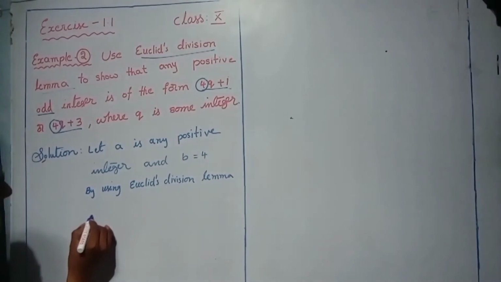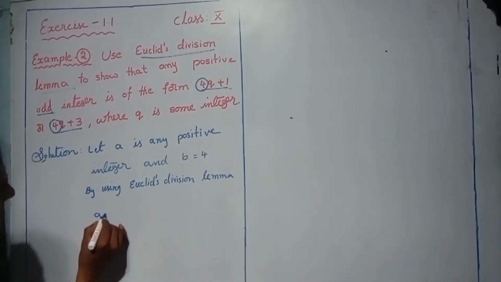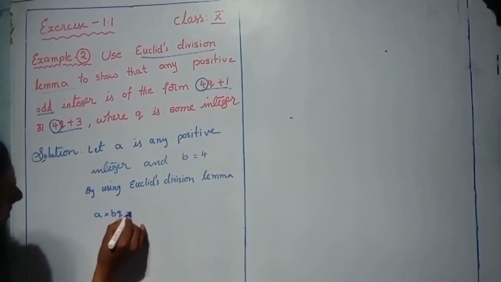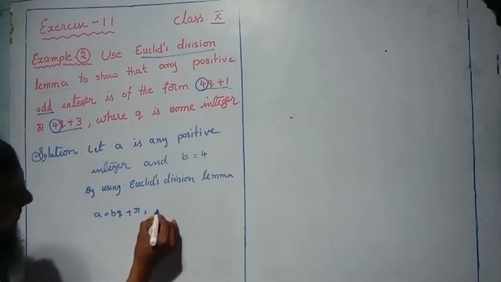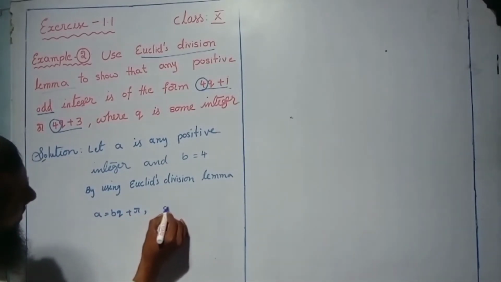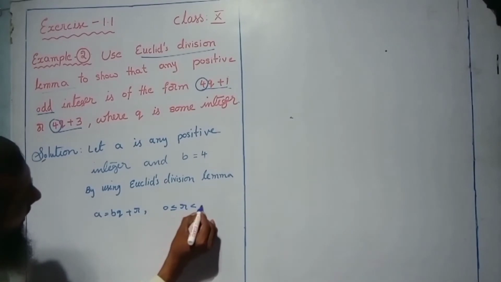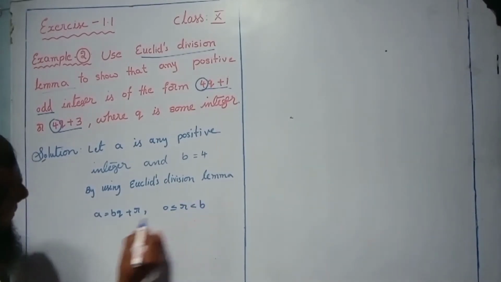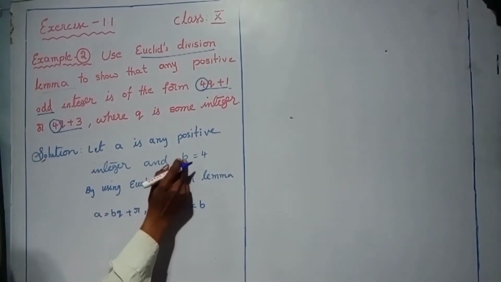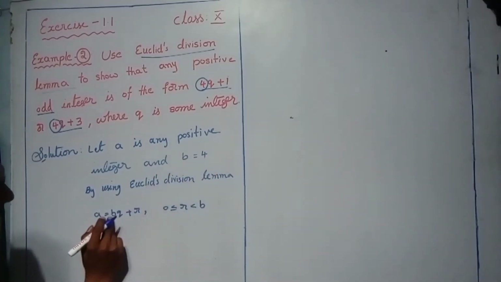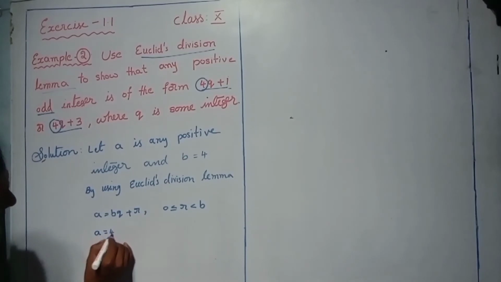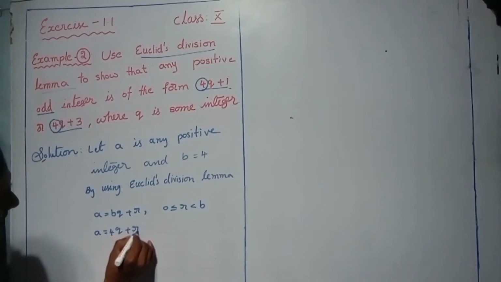So what is the Euclid division lemma? We know that a is equal to bq plus r, where r lies between 0 and b. So here in the place of b we substitute 4, so we should get a is equal to 4q plus r.